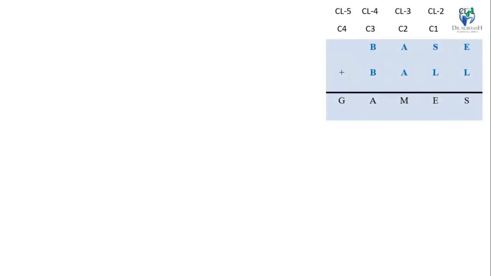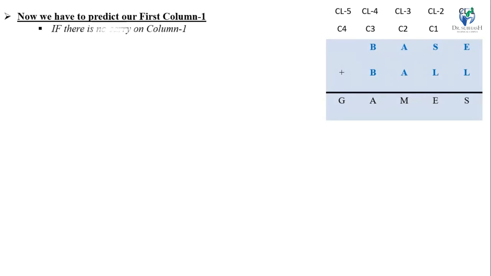Now we can look at our first column. Here the addition of column 1 has two possibilities. If there is no carry on column 2, then E plus L is equal to S, and we consider this our first equation.